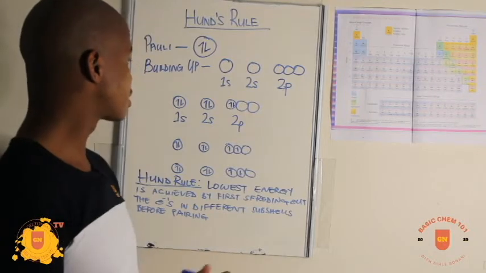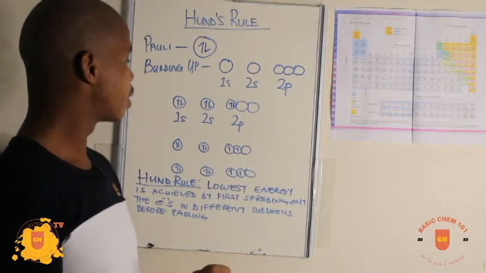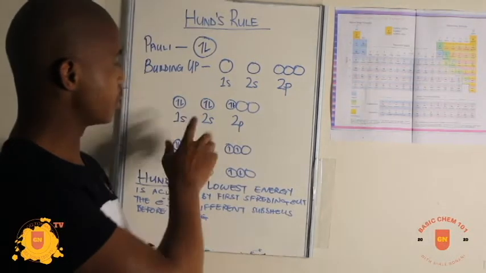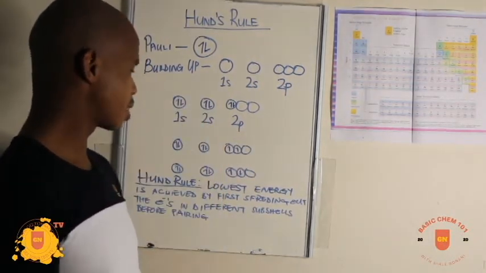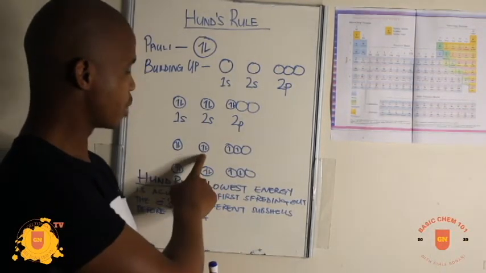So this means the actual way of filling electrons, if you're looking at 6 electrons, you will follow the Aufbau and Pauli principles, which is the 1s first, the 2s first.